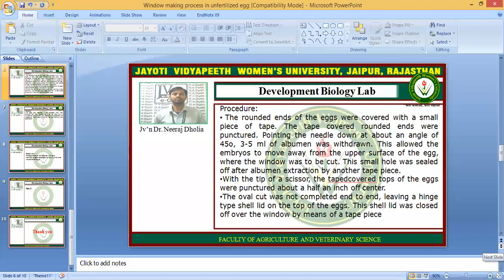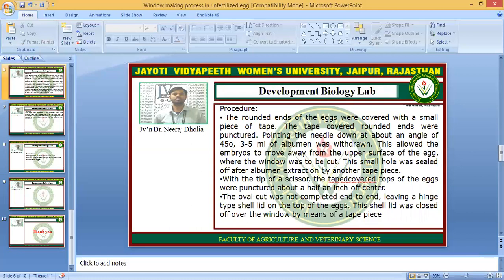Around 3 to 5 ml of albumin was withdrawn, with the needle at around a 45 degree position. This allowed the embryo to move away from the upper surface of the egg where the window was to be cut. This small hole was sealed after albumin extraction with another piece of tape.